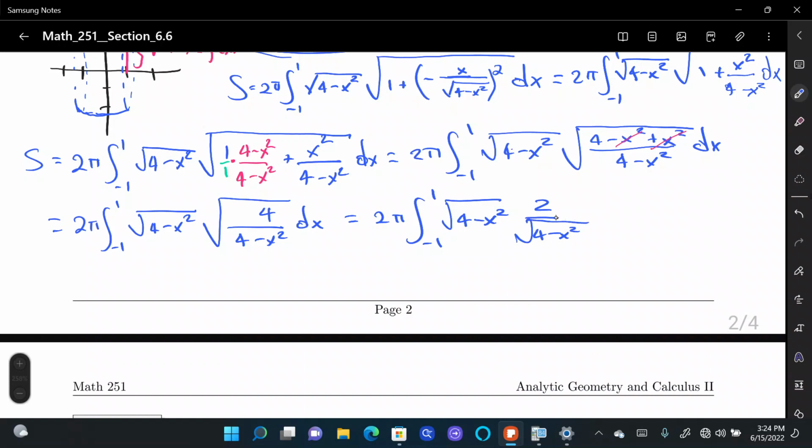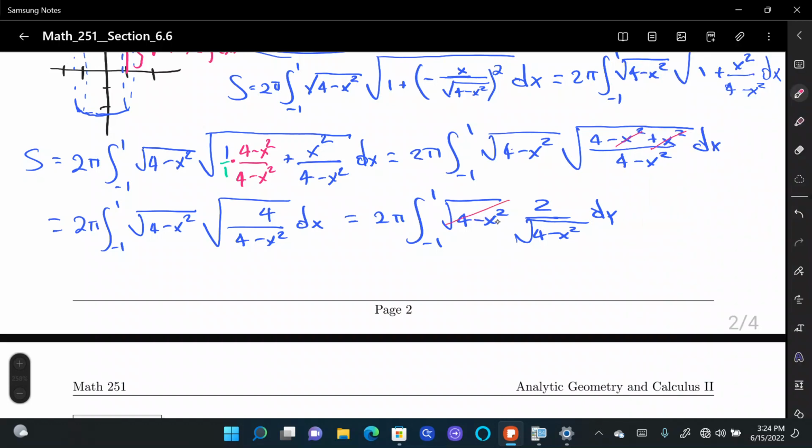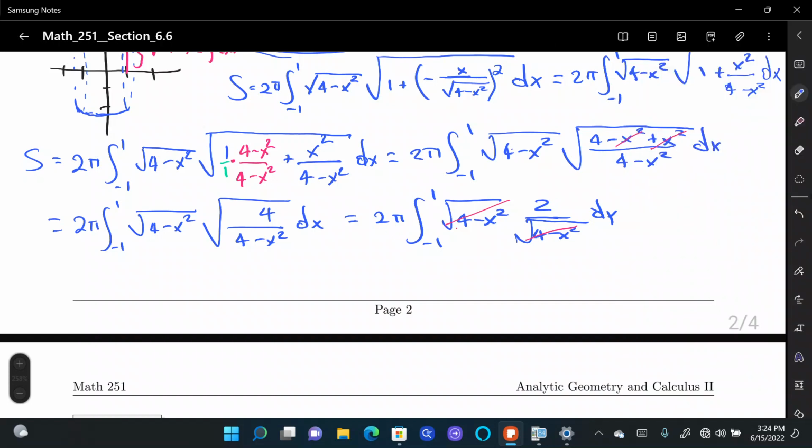But did you see what's going to happen here? Like I promised, this one reduced really, really nicely. Now, there's another thing I would like to do here. So, 2 times 2 pi, that's 4 pi outside.